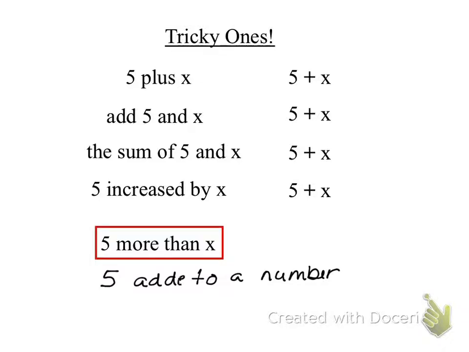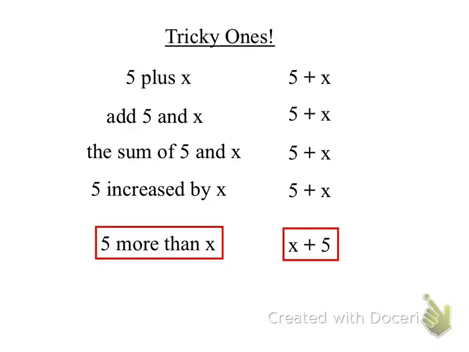So in this case, this would be a crisscross term too. 5 added to a number, because it implies you add it to something that's already there. So you have to start with your X and then add 5 to the number. Does that make sense? Yes. Okay.